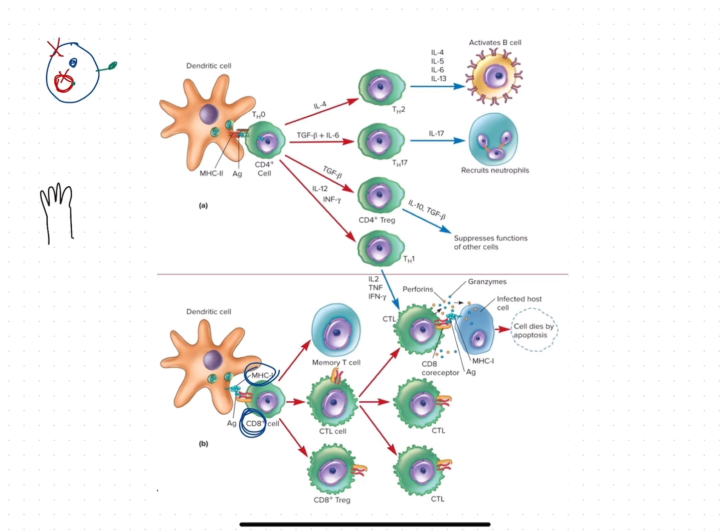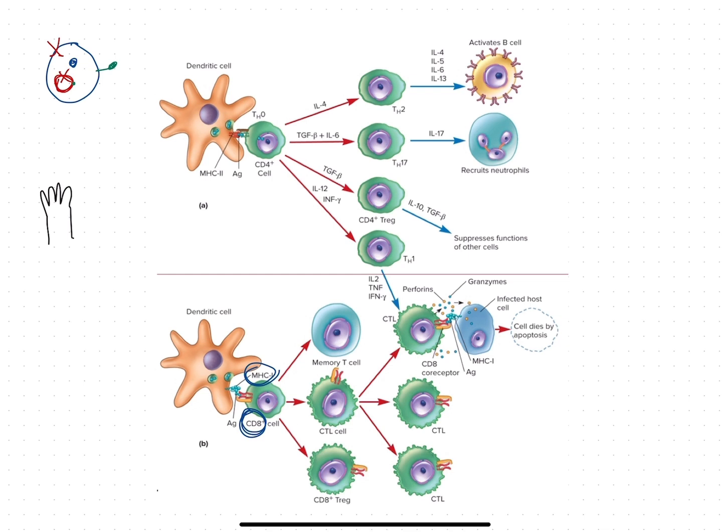However, if you have a cell that is either a dendritic cell, a macrophage, or a B cell, they can do this thing called antigen presenting. They're not all phagocytic cells. B cells are not phagocytic.